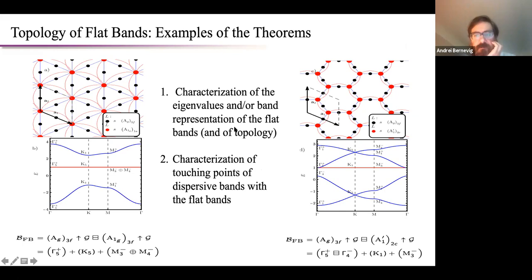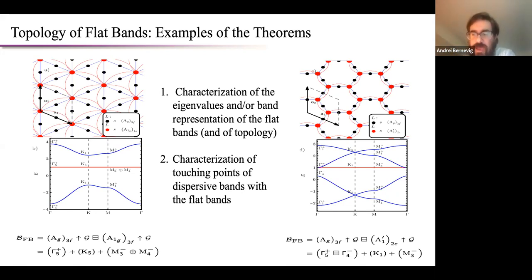Now, in the past, there were some theorems. For example, there's a famous theorem, I think by Mielke, that the line graph of a bipartite lattice has degeneracy points between the flat band and the dispersive band.